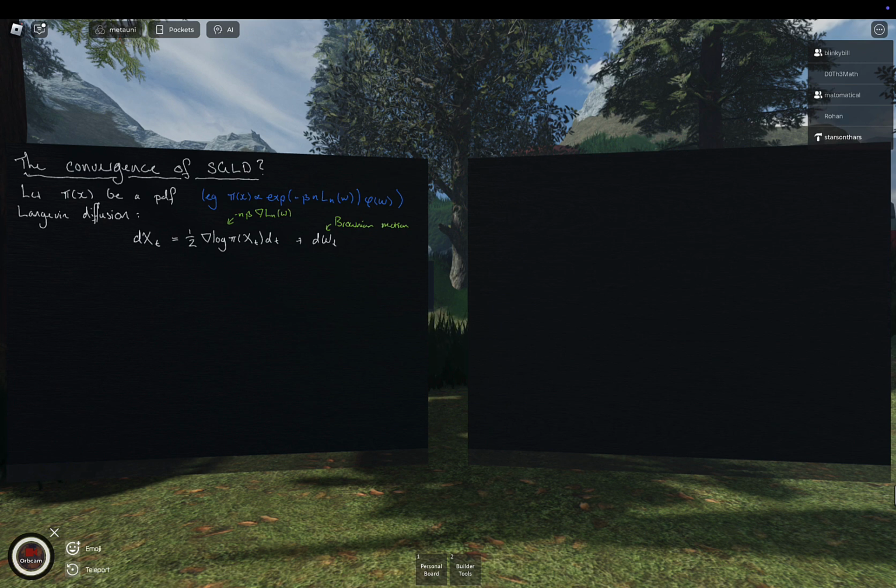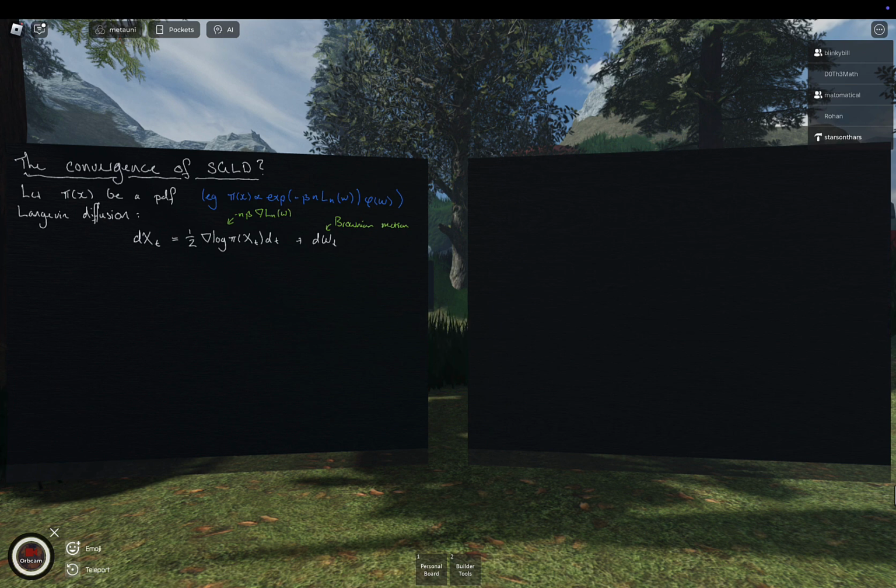So we're going to start out by talking about the continuous time version of SGLD, or this continuous time stochastic differential equation called the Langevin diffusion. And then we're going to talk about discretizations of that Langevin diffusion, one of which being SGLD.